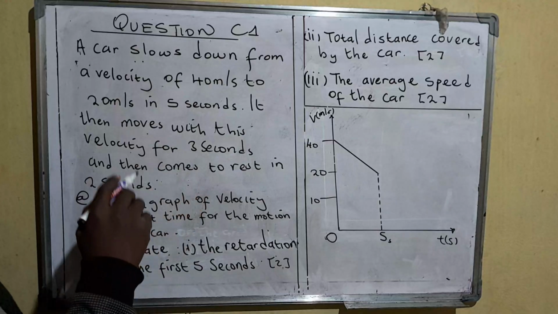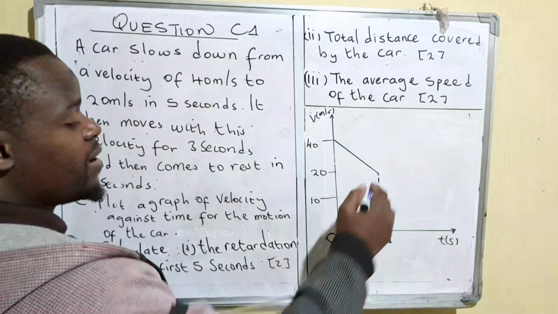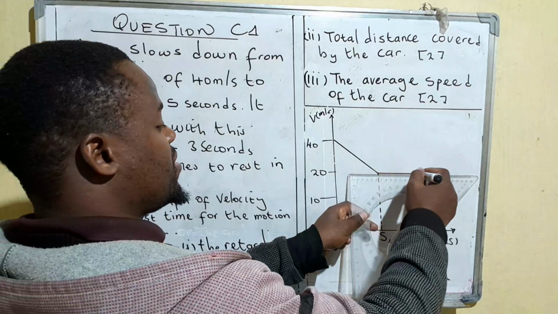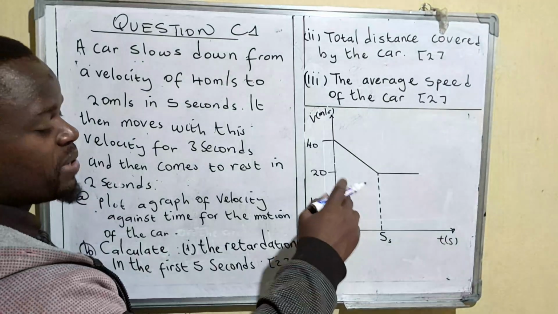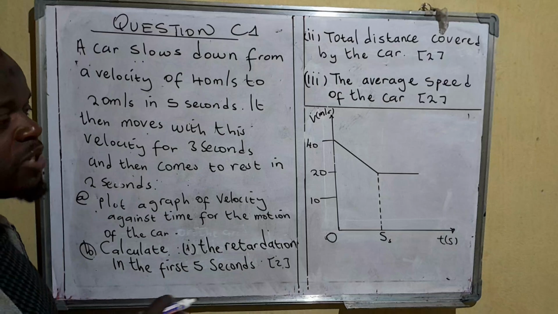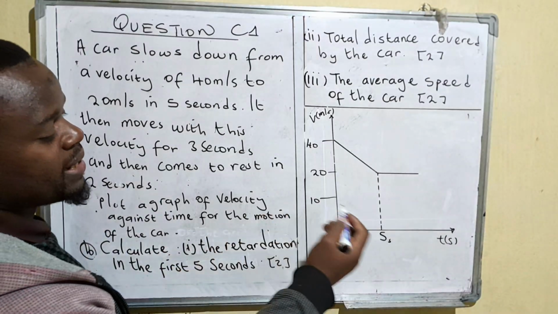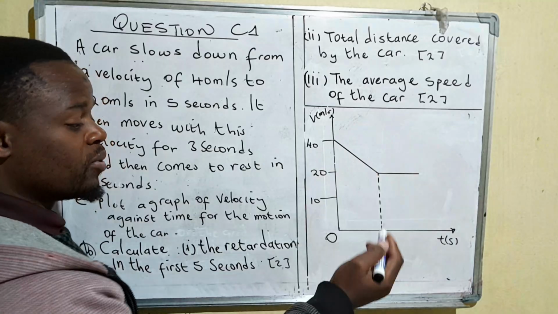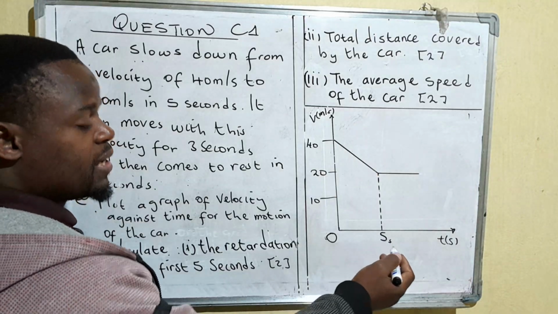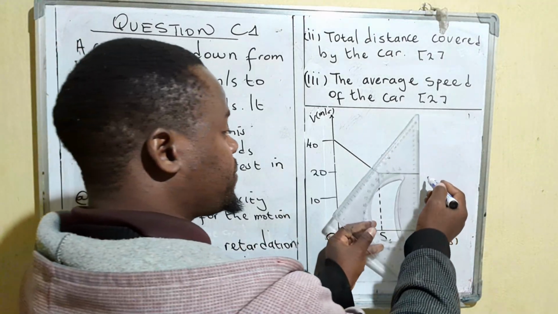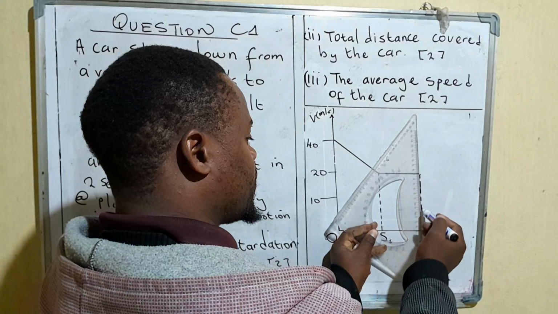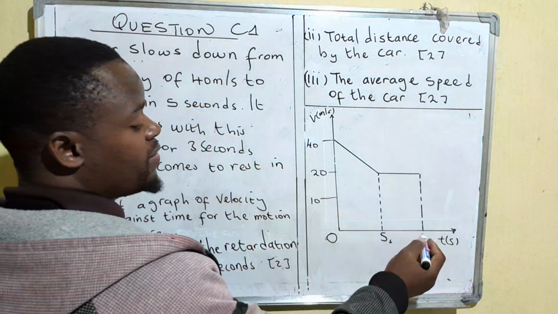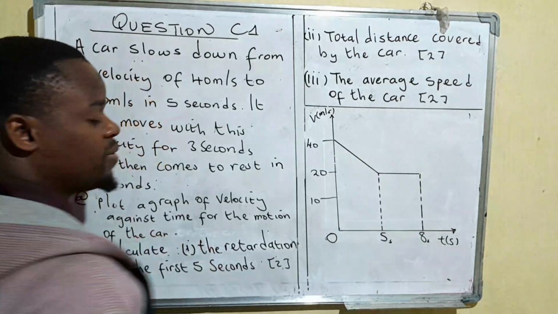We have 5 here. So here's what we're going to do. We're not going to indicate 3 seconds here, but we're going to add it on to the first 5 seconds. So we're going to drop a line here, and we're going to indicate 3 seconds plus 5, which gives us 8 seconds, right?